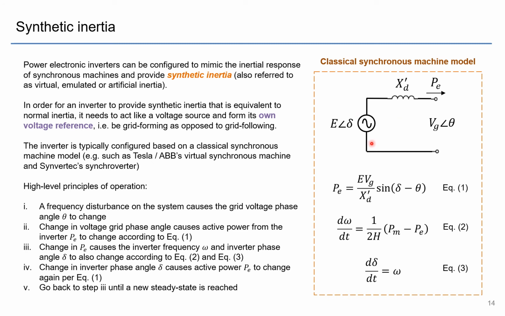So that's really the grid forming capability of an inverter. However, for that to really work, you need some kind of active power source to supply that energy when the power changes occur in the system.